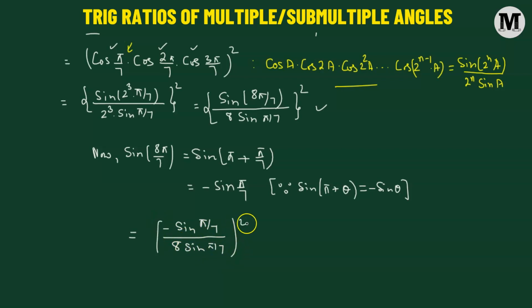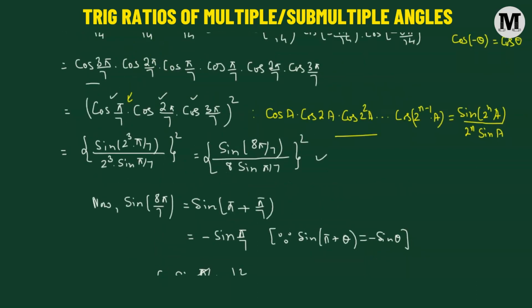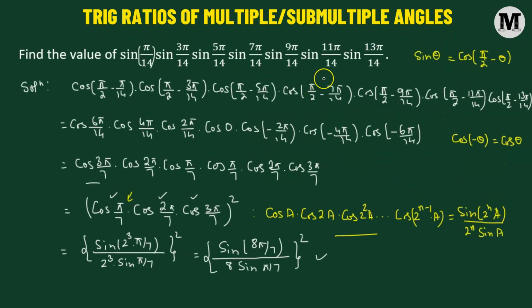And we have to square this value. So sine pi over 7 gets factored out from the numerator and the denominator, which leaves us with negative 1 over 8 whole squared, and this gives us a value 1 over 64. So that means the value of the trigonometric expression will be equals to 1 over 64.